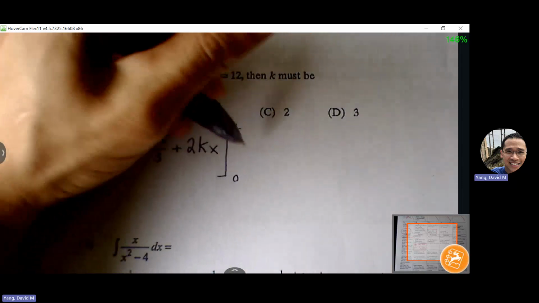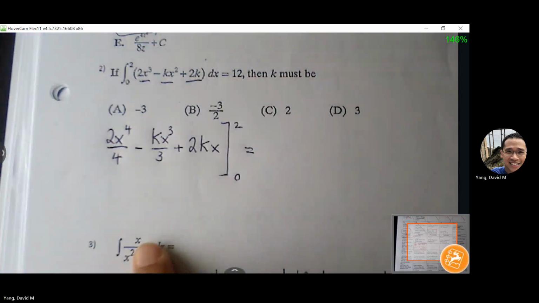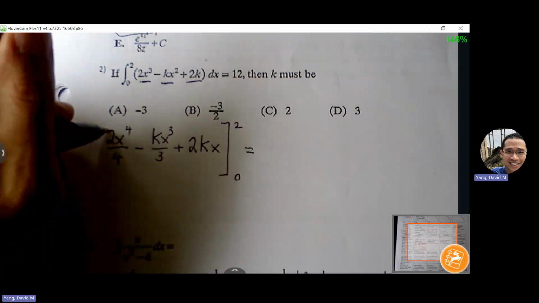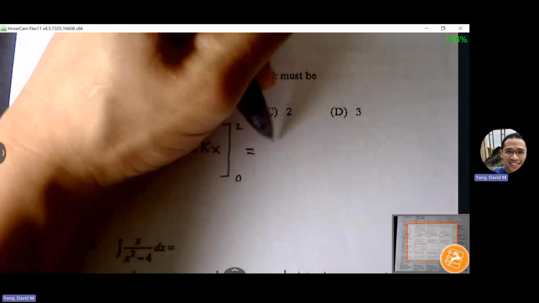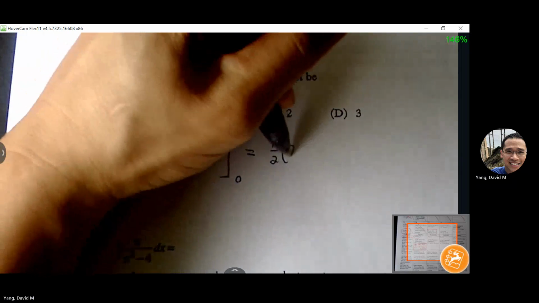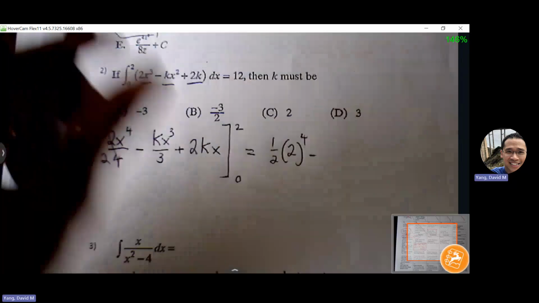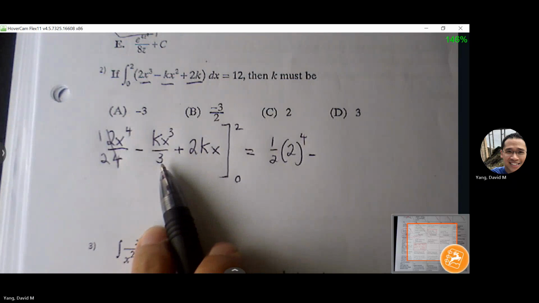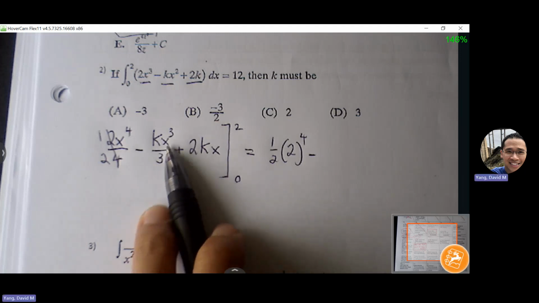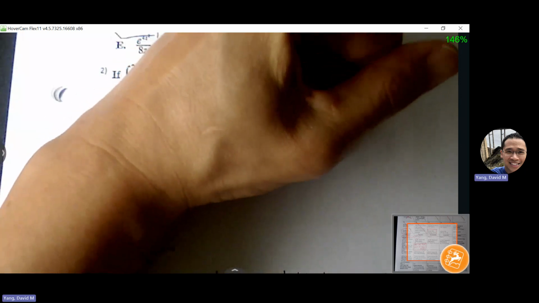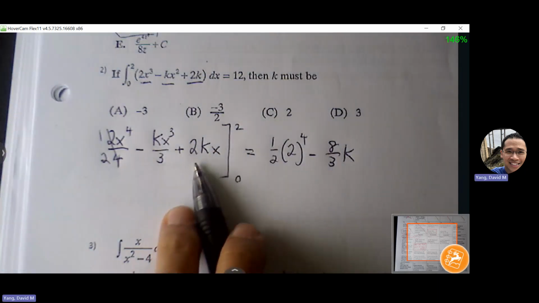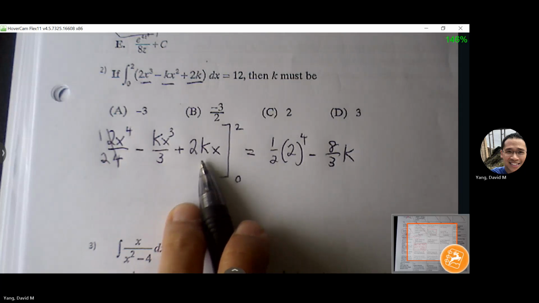So I can plug in 0 and 2. Which number do I plug in first? 2. Okay, I'm going to reduce this here. This is really 1/2. So 1/2 times 2 to the 4th minus, what does this become? Times k, which is 8 over 3, right? So minus 8/3 k plus what?